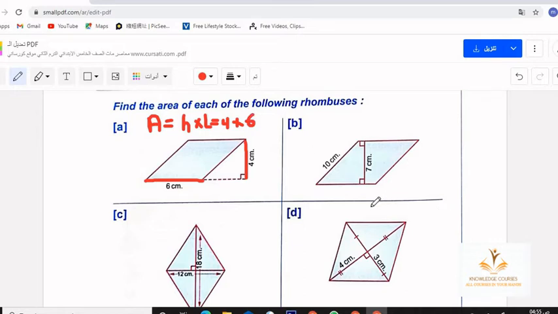Okay. In this rhombus, height equals 7 and the length equals 10. Area equals height multiply length, equals 7 multiply 10.